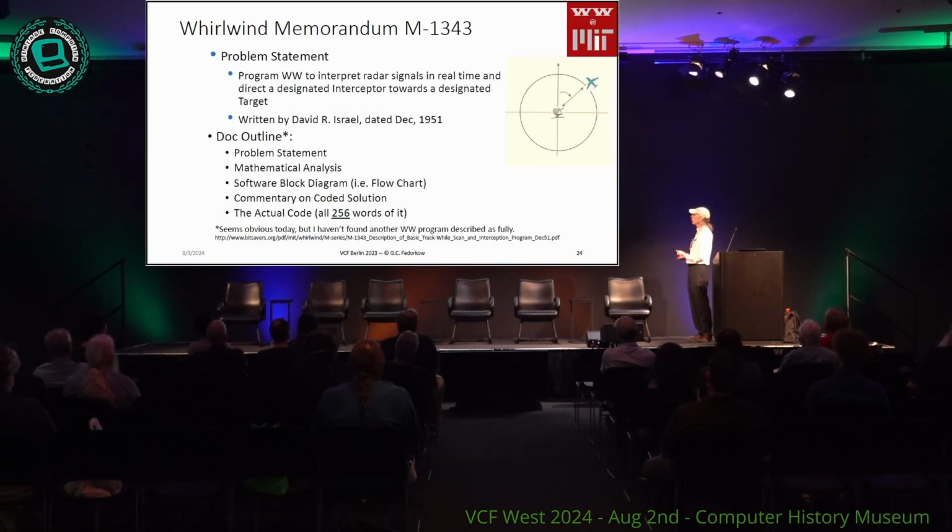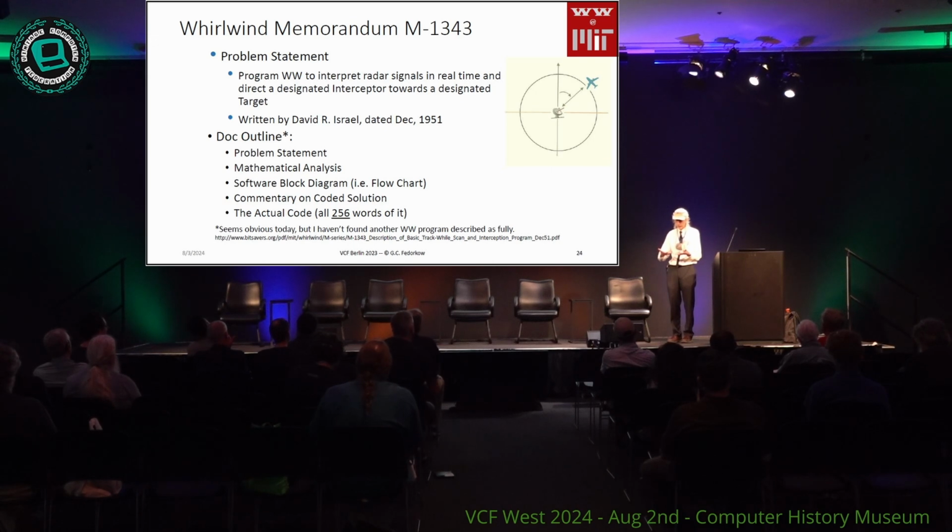Okay, so there was a memo published in December 1951, authored by a guy named David Israel. And if you go to the registration desk, you can buy a badge that is like this Whirlwind one that has David Israel's name on it, and I think he's my hero. So David Israel was a guy who started pretty early in the Whirlwind program and stayed with the problem of using computers connected to radar to follow airplanes around.